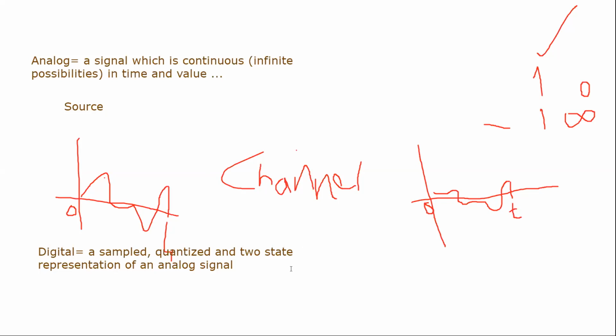The whole idea of two-state is binary. The other name of two-state is bit. The common name of bits is ones and zeros. Therefore, there is no natural digital signal. There is always natural analog signal. As the word implies, analog signal is analogous to the natural entity.